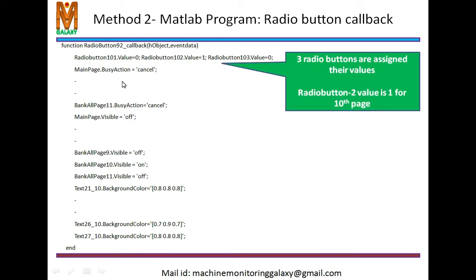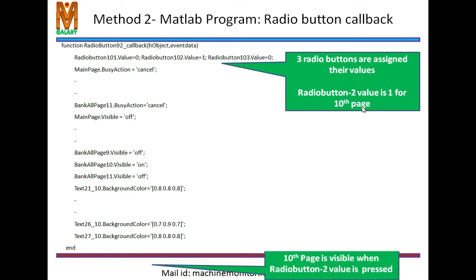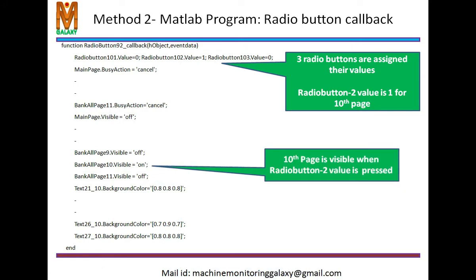Similarly, for method 2, the second radio button will be equivalent to the 10th page. So either you press the second radio button or the 10th page, it will be the same. And then the 10th page will be visible when radio button 2 is pressed.